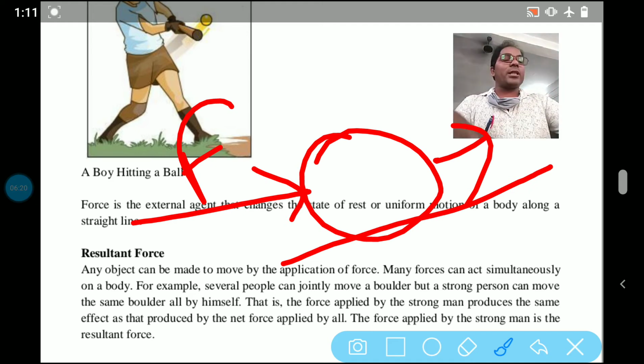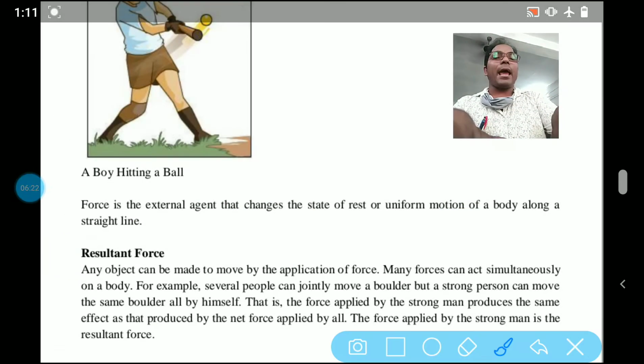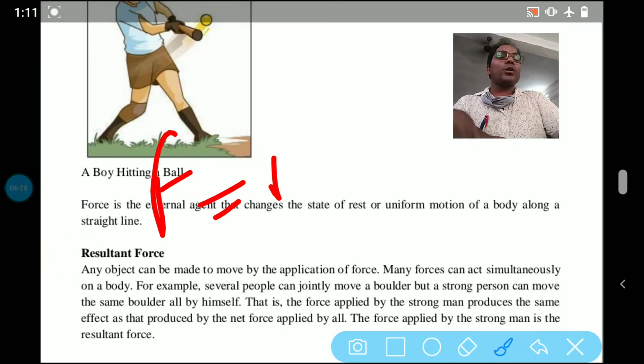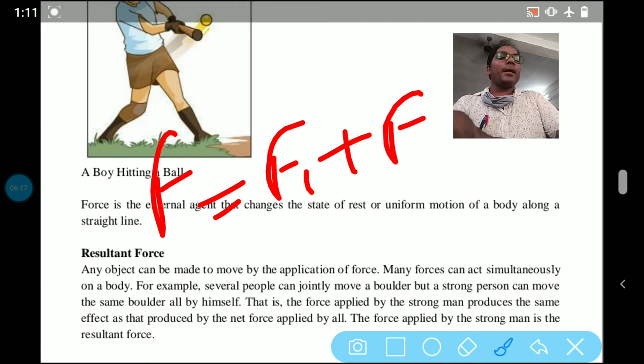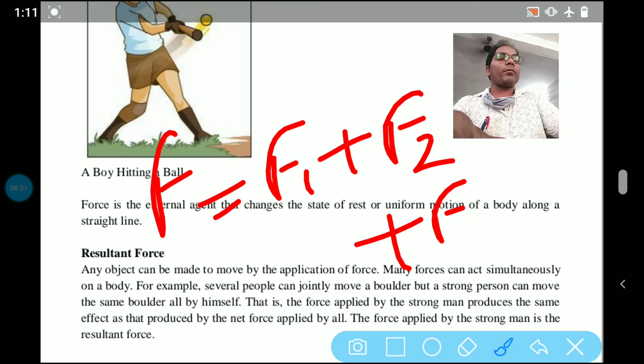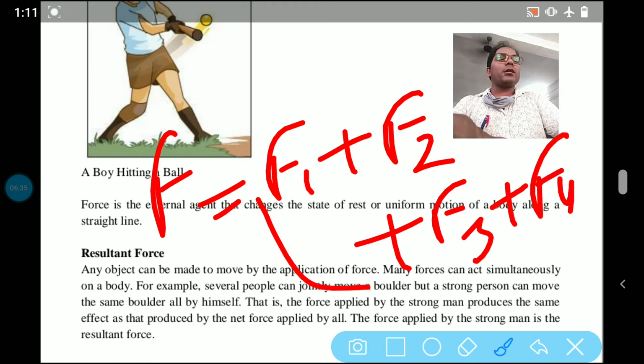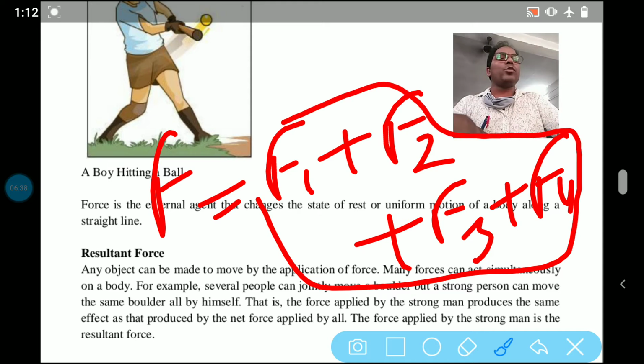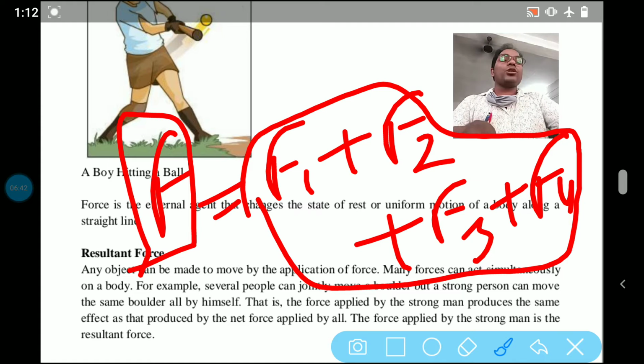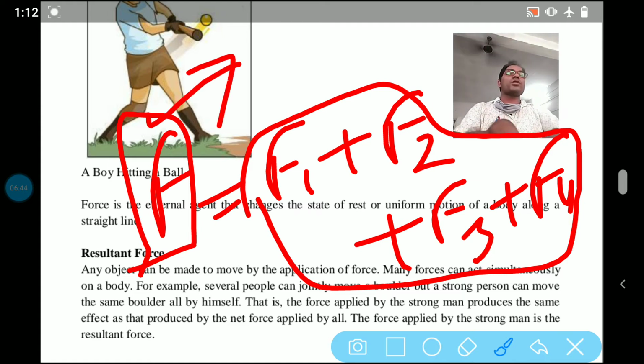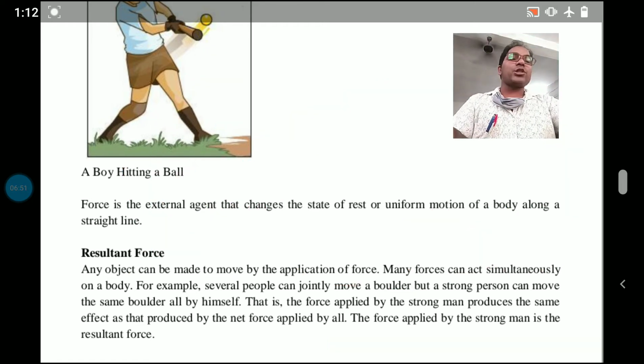Then we can say this force F is equal to F1 plus F2 plus F3 plus F4. All these forces were applied to move that body, and here one equal force is applied to move the body. So this force is called the resultant force, because this force is equal to many forces. Hope you understood the resultant force.